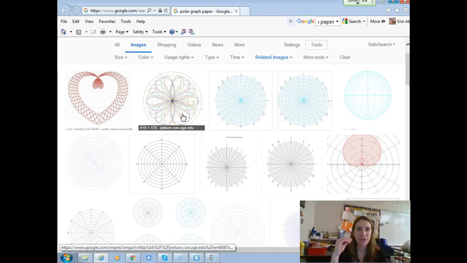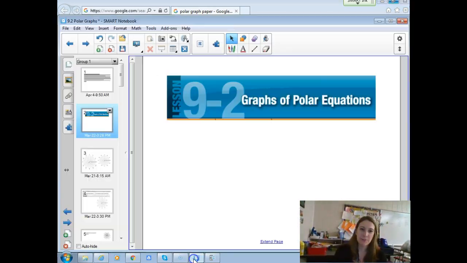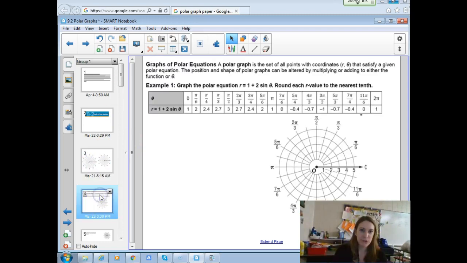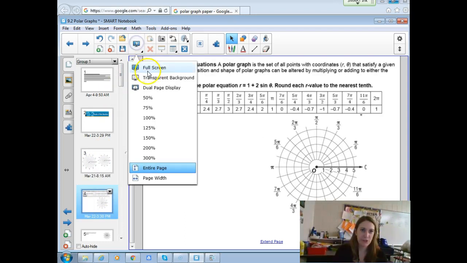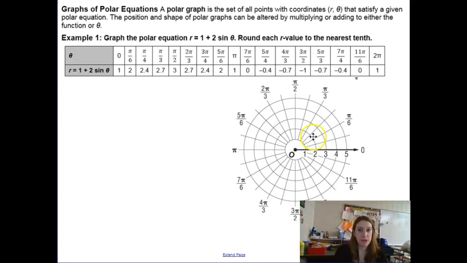So remember, polar functions are ordered pairs in the form r comma theta. So we get this weird loop aspect going on. So what I want to do first is explore the first question in your notes, which, thank goodness, someone already filled in basically a table for us.